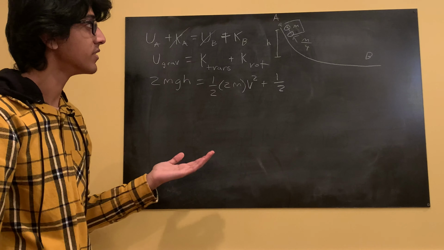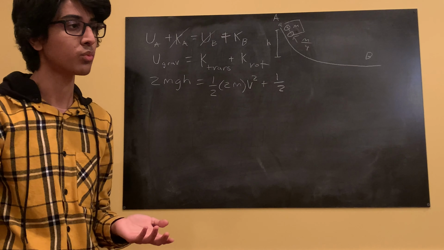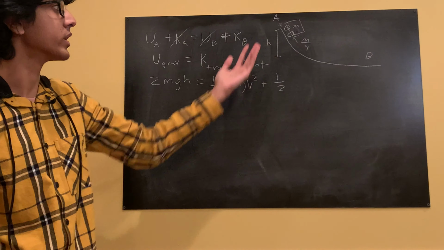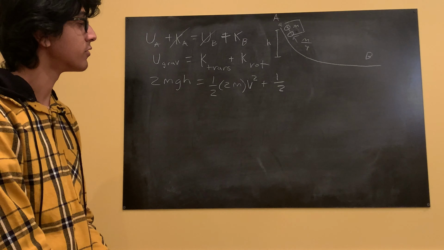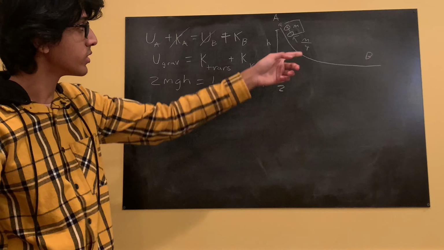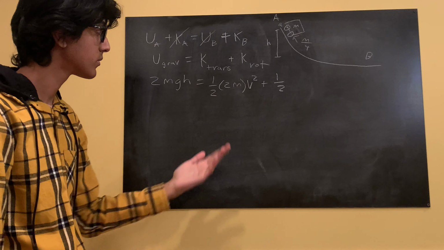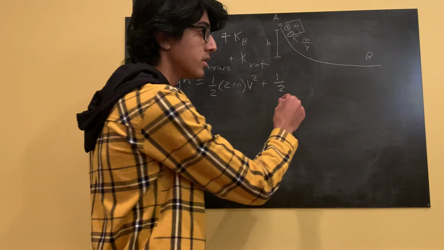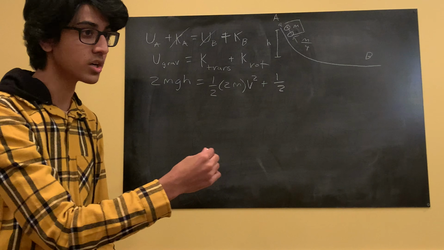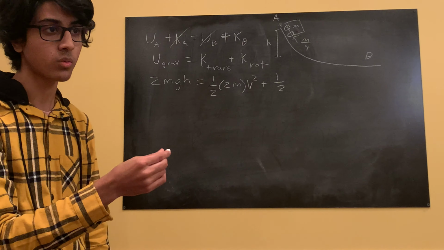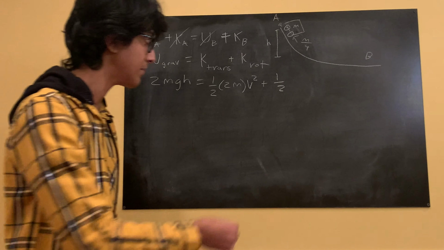what has this moment of inertia, what's rotating? Only the wheels. And what's the mass of the 4 wheels? Each wheel is m over 4. There's 4 of them, so the mass of the wheels is just m. So the moment of inertia is just 1/2 mr squared, just plugging in m for the m.